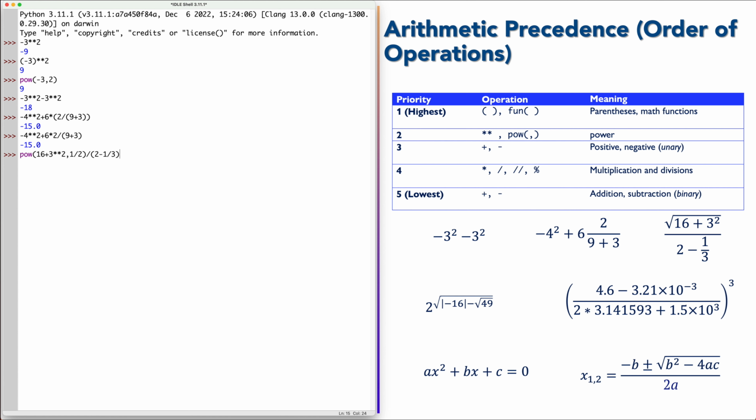Notice here that we don't have any problem with 1/3 because the precedence, or the priority, of division is above the subtraction. So for that reason, we know that it will be 2 minus (1/3), not (2 minus 1) over 3. So for that reason, we don't need additional parentheses like this.